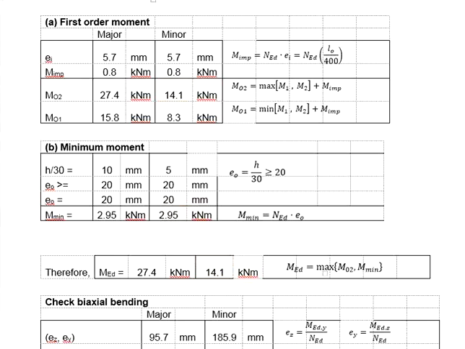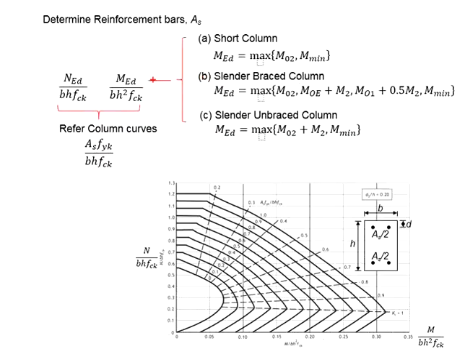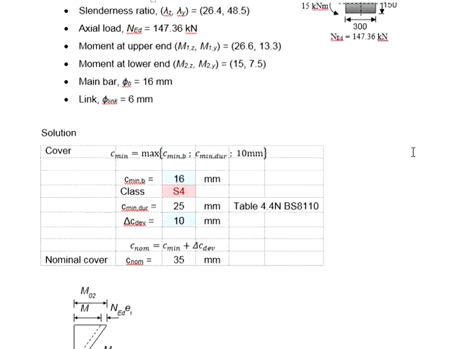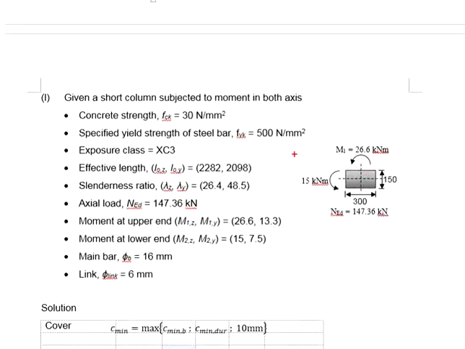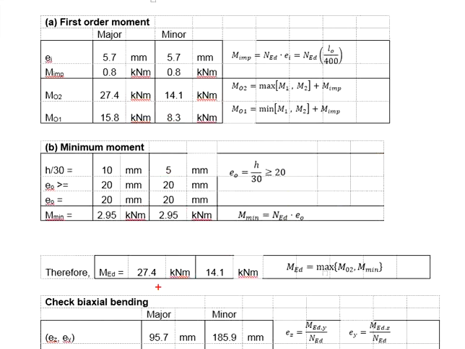Having the MED determined, supposedly we would go straight to determining the MED per bh squared fck and then use the design chart. However, in this case, we have moment acting on both axes. We have calculated the moment acting on the major and the minor axis.